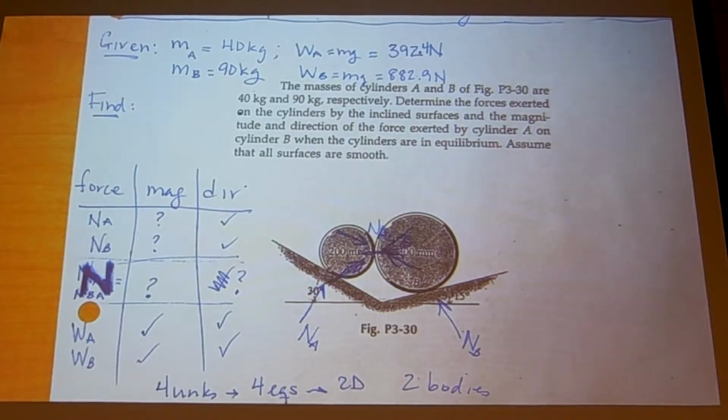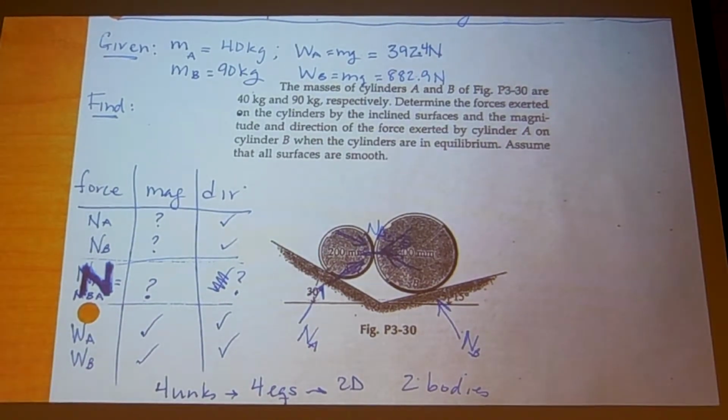A onto B. So they're asking for this one, right? But as long as you have them drawn, in the end, what your answer is in these statics problems is your free body diagram along with the values. So somebody's going to look at the free body diagram, know the directions, and they're going to see the magnitude that you calculated.